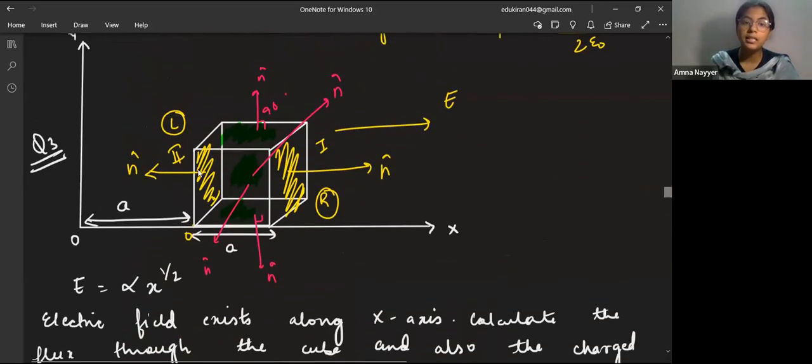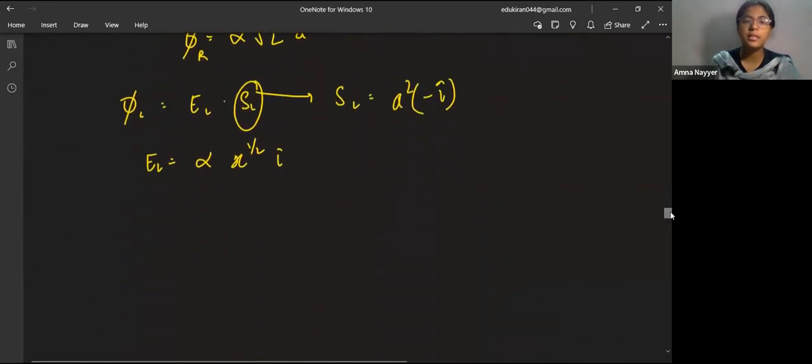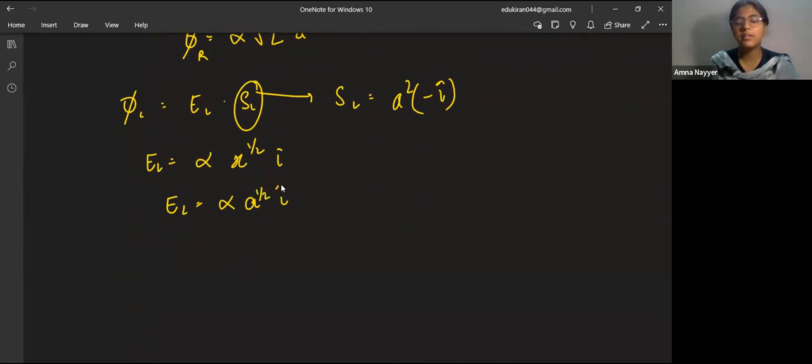This is the square. Separation from the origin is just a. So E L is going to be alpha a to the power half i cap. So this is the electric field for the left.